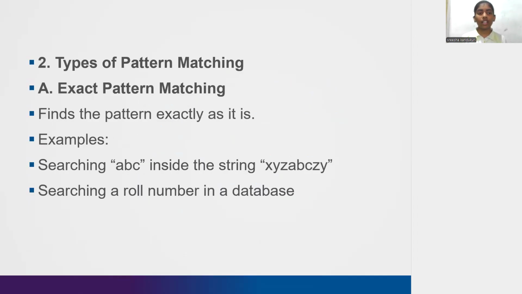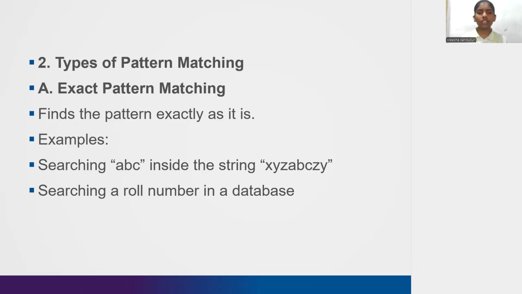The first one is exact pattern matching. It finds the pattern exactly as it is. For example, if we have a string xyzabczy and we want to find the string abc in it, then if it is present in the given string, the search will return abc.